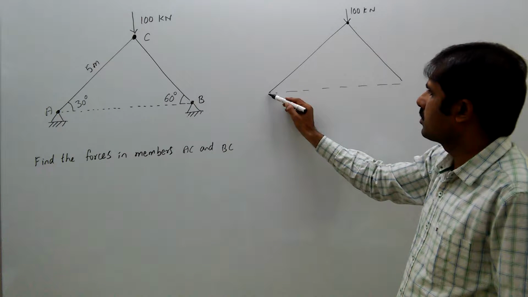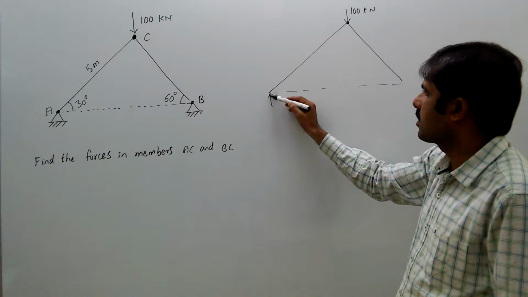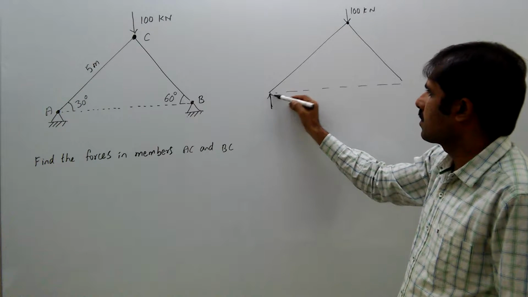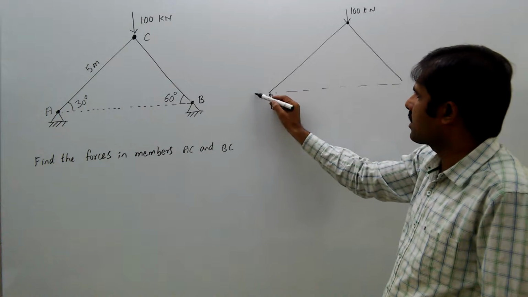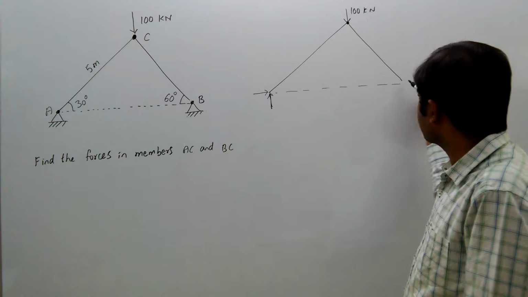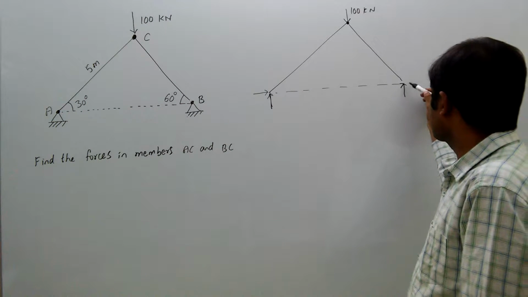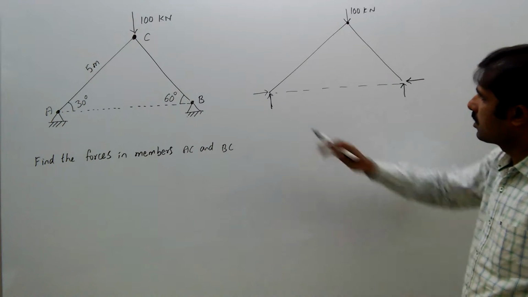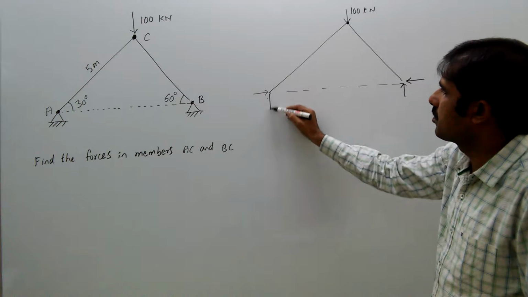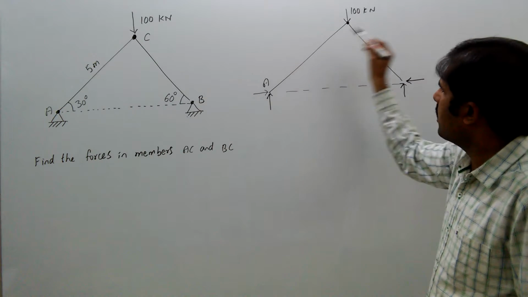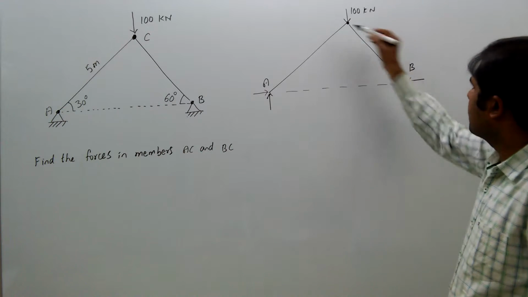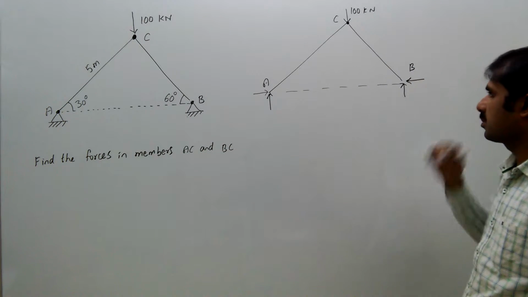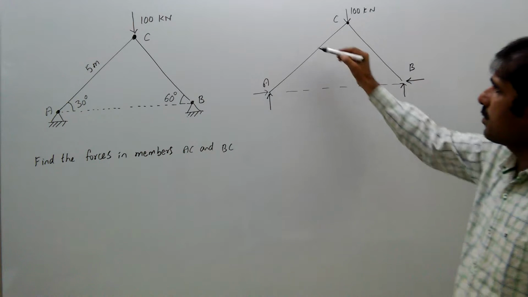Here we will have a reaction like this and a reaction like this. Obviously, here also reaction like this and reaction like this. So, point A, point B, C. This is 5 meters.